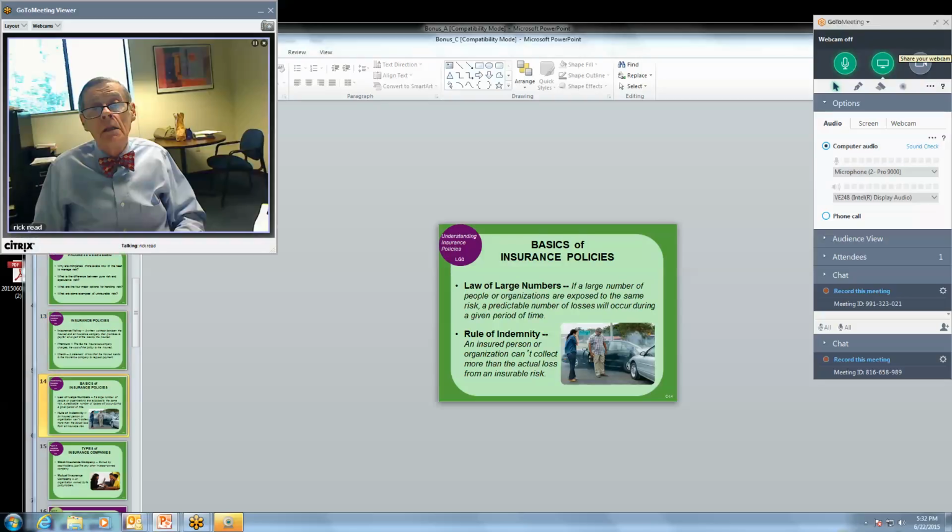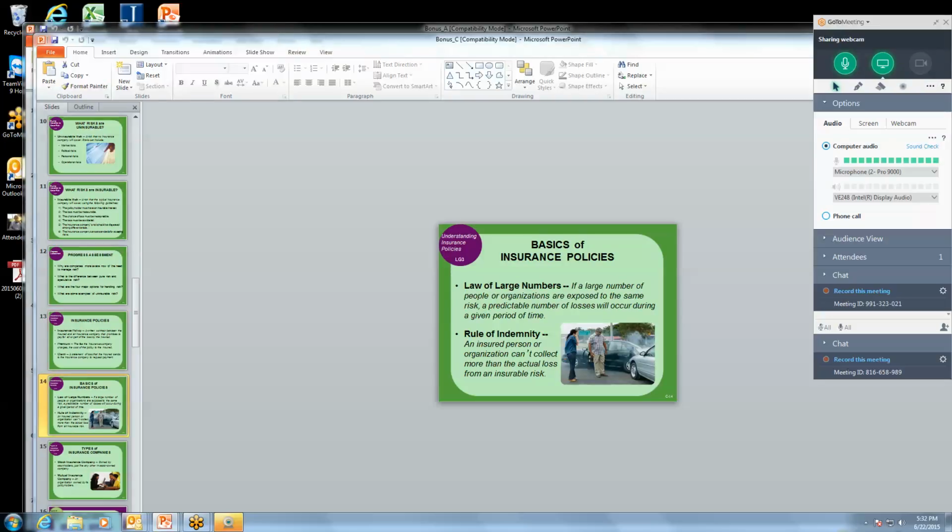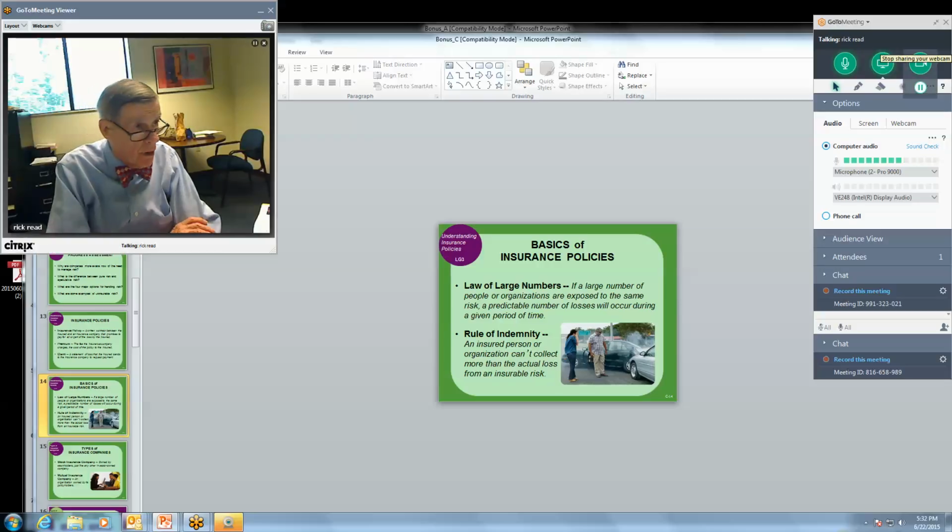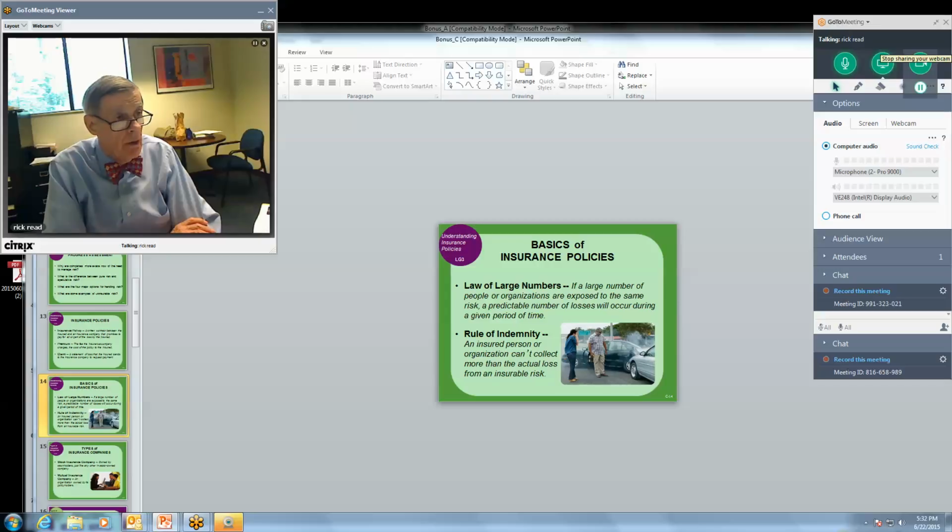Insurance companies use the law of large numbers. The more people they insure, the lower your rate can be, as long as you meet certain standards. They do this because they have some prediction as to how many, again using automobiles, how many accidents or thefts there will be. And the larger the number, they can reduce the premium they charge you.